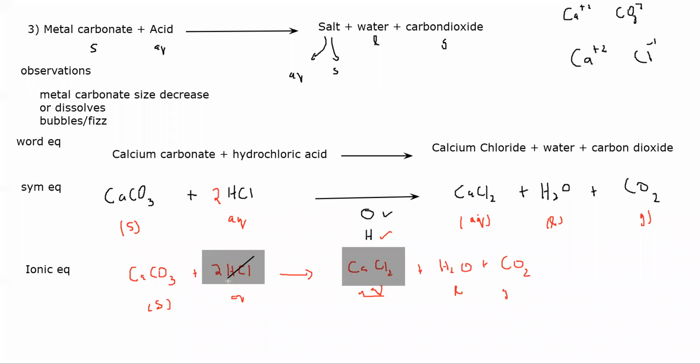So we will cancel this chlorine with another chlorine. So what we are left with, that is the ionic equation: CaCO3 plus hydrogen ions results in a formation of calcium ion plus water plus carbon dioxide. Is it clear? The ionic equation. So this is your ionic equation.